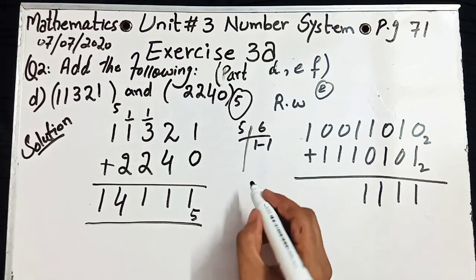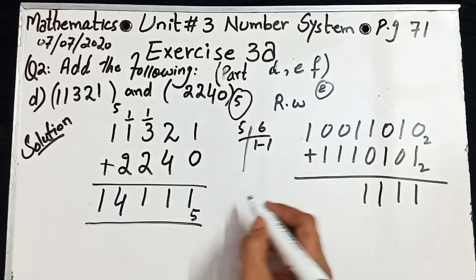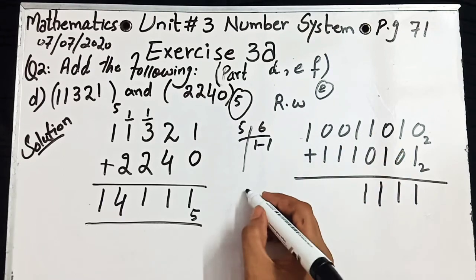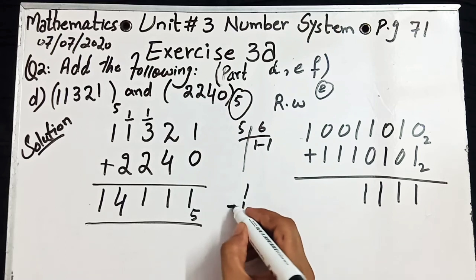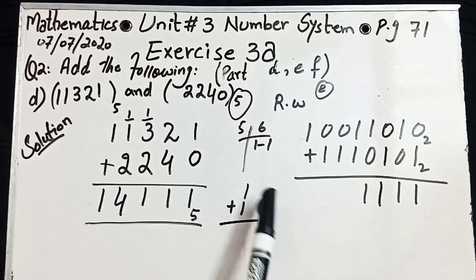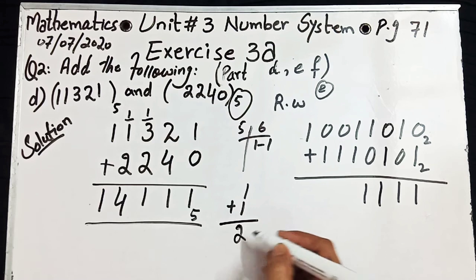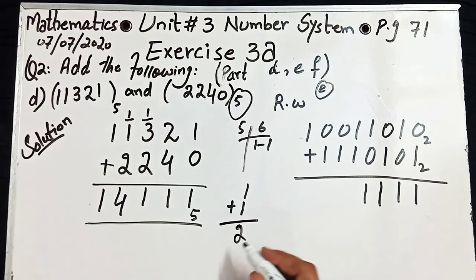Now we solve it in a rough column. 1 plus 1, first we simply add: 1 plus 1 is equal to 2. This 2 we convert into the base 2 system. 2 ones are 2, 0 is left.